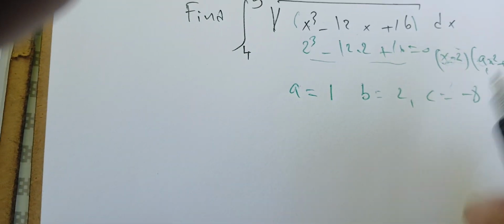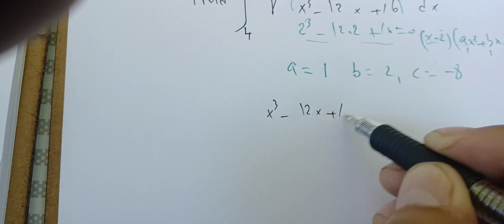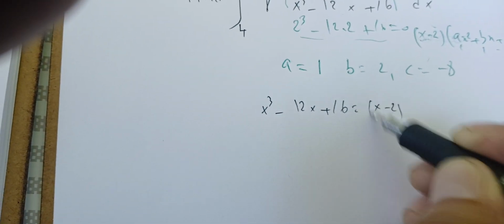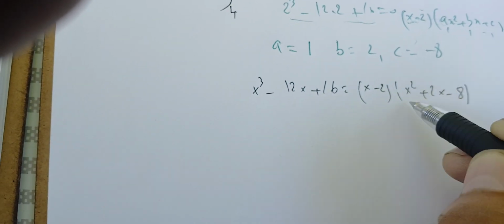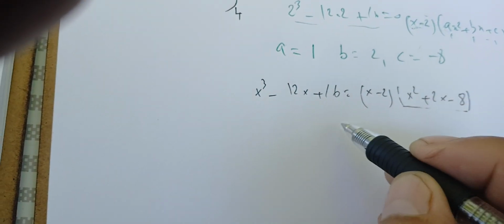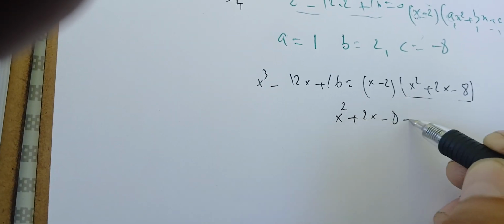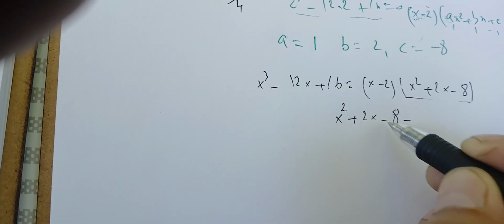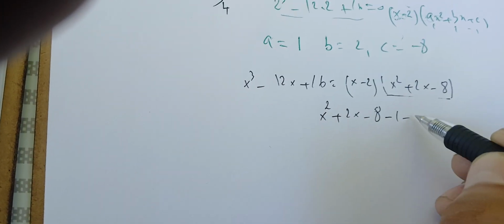So x cubed minus 12x plus 16 is x minus 2 times x squared plus 2x minus 8. Now we can factor this one here. I can use the discriminant, or I can take x squared plus 2x minus 8 and add and subtract 1.